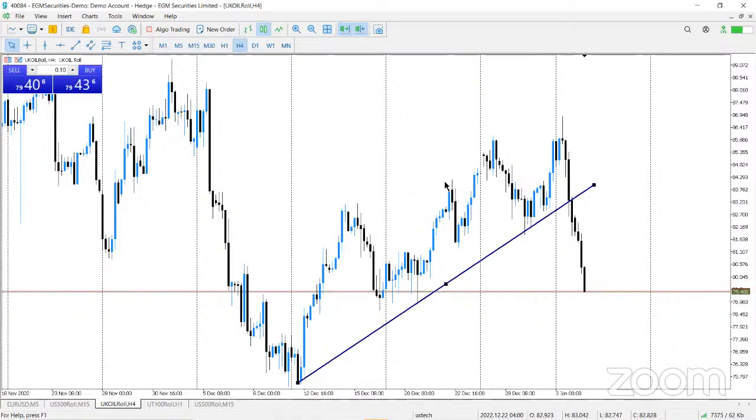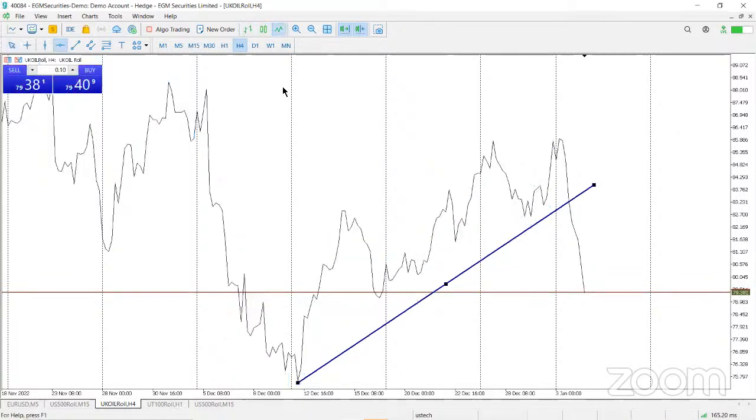But now the problem is, where exactly do you enter? Because if demand is going to be weak, then you'd expect oil prices to weaken. And if you'd marked out all your levels, in this case, I can see we did a context analysis.